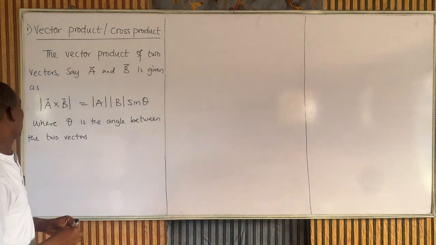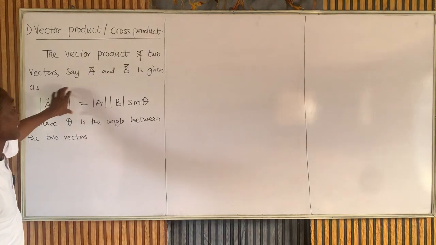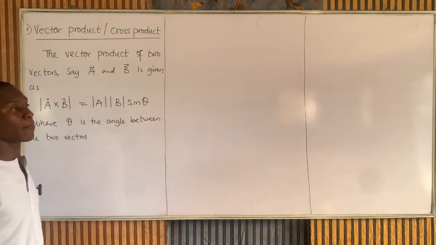So magnitude of A cross B is given as magnitude of A times magnitude of B times sine theta.